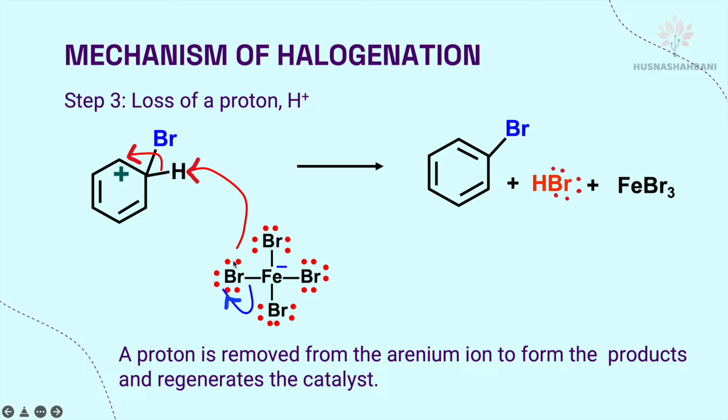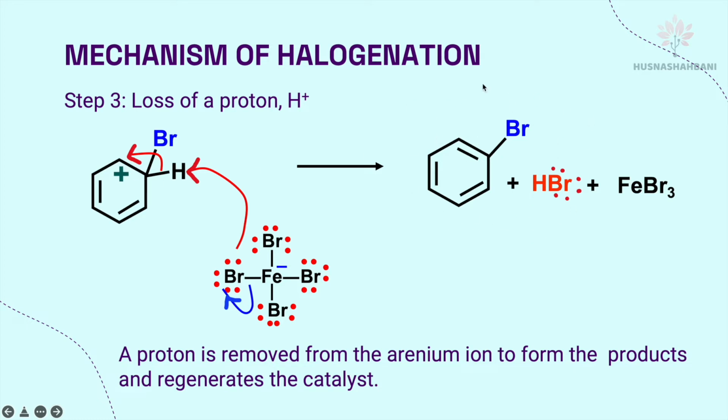And 2 electrons from this bromine are used to form a bond with the hydrogen over here, and the 2 electrons from the C-H bond are transferred to this carbon, making the double bond again.